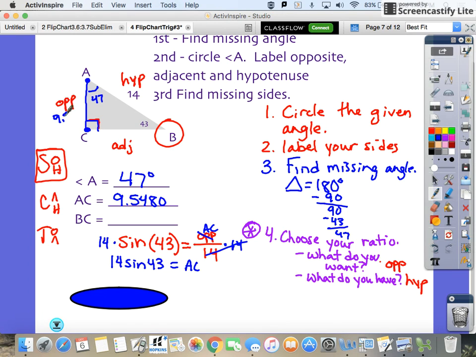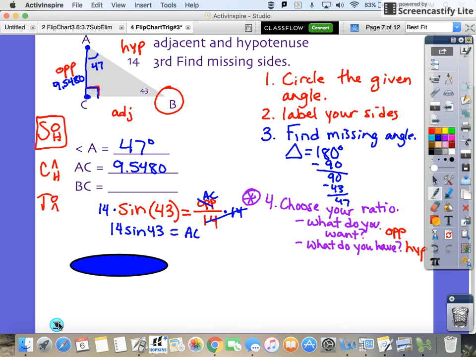This side is 9.5480. Now you guys have two options. You need to find the third side. You could use the Pythagorean theorem, or you could use another trig ratio.